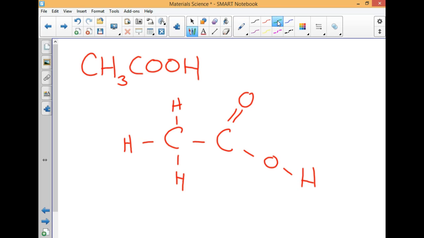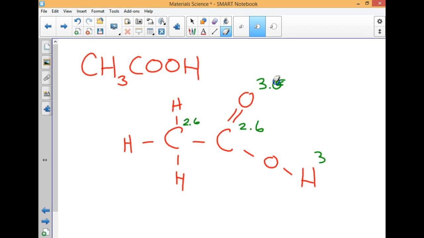So the electronegativity of carbon is 2.6 and 2.6 here. And then over here, sorry, it's 3.4. And then hydrogen is 2.2.